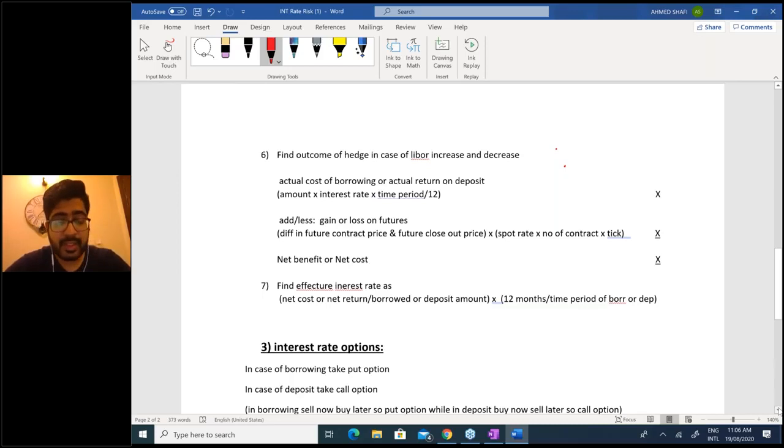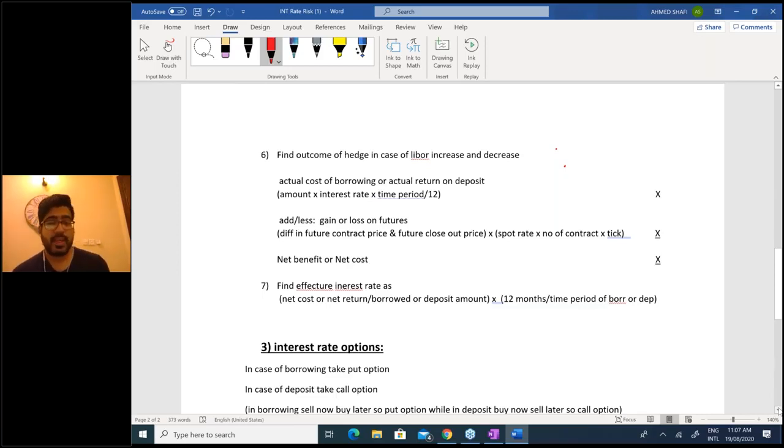It's very easy. Again, add or less gain or loss on futures. Again, in the previous technique, it was gain or loss due to FRA. You have to judge whether it's gain or loss. It can be added or deducted.